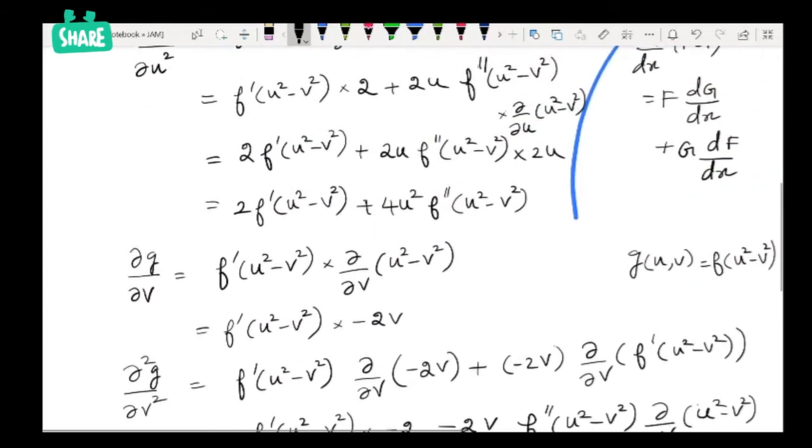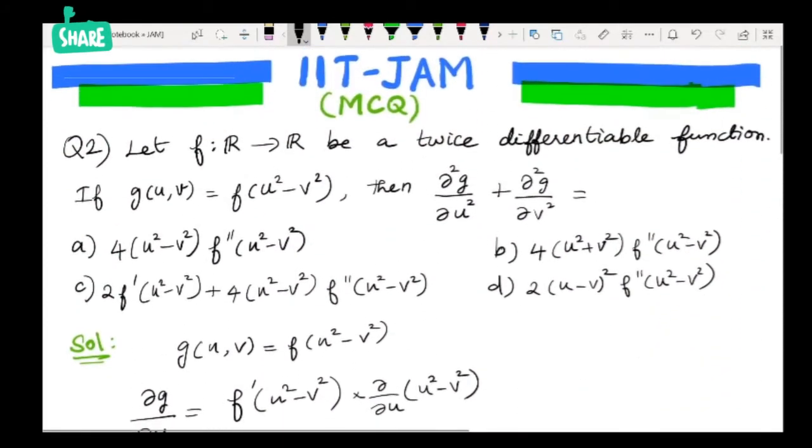But what's asked in the question? The sum of these two, right? So let's add it up.